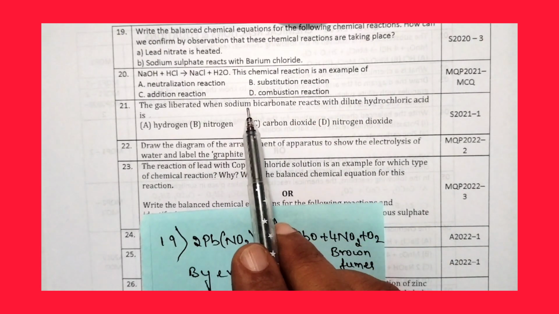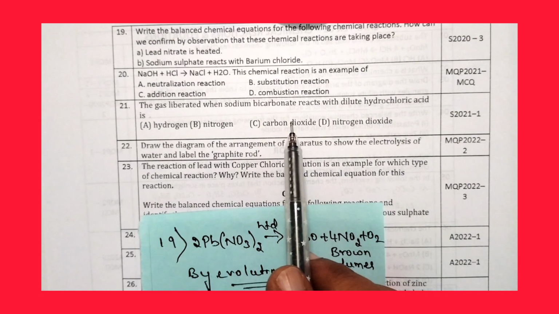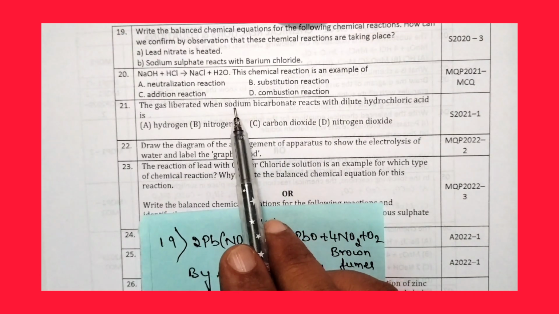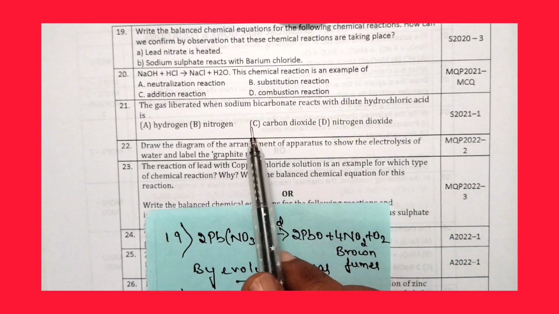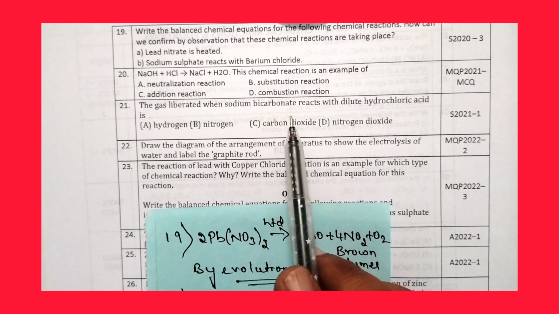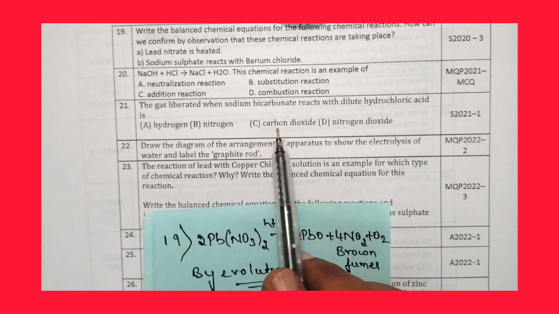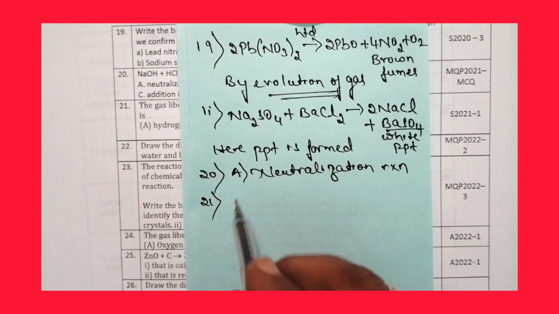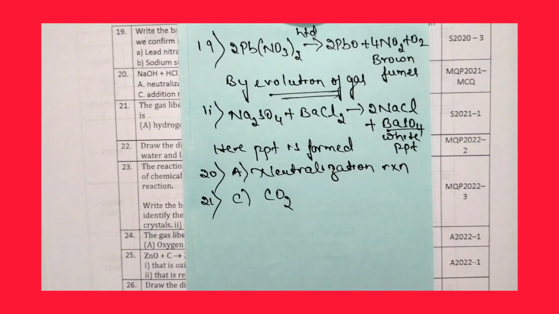Metal bicarbonate reacts with acid to form salt, water and carbon dioxide. So we can say here sodium bicarbonate reacts with acid to form salt and water, along with which carbon dioxide is liberated. So option C, carbon dioxide, is the right answer. So for the 21st question, option C, carbon dioxide.